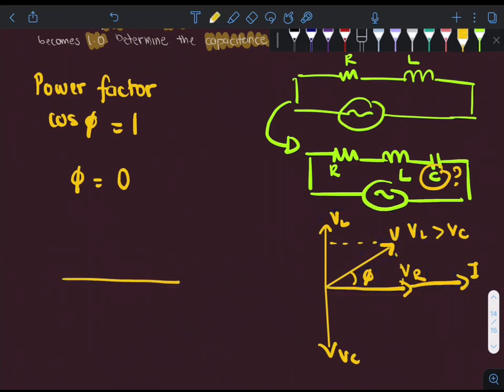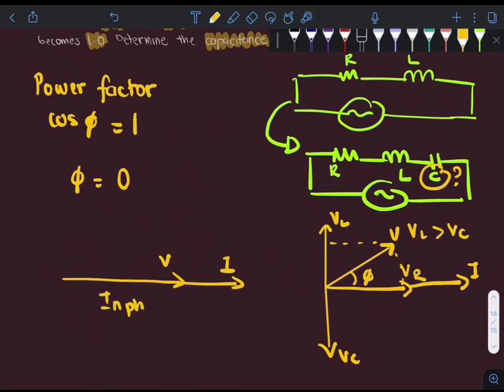The V and I should be in phase. This is the V and this is the I. There should not be any angle between the V and I. There should not be any of the term either V or I leading or lagging here.